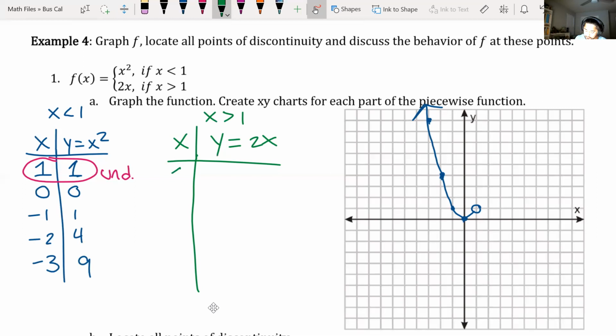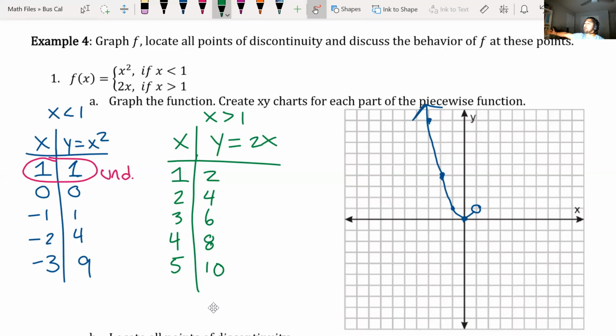So I'm going to choose 1 and just give me numbers bigger than 1 that will fit on my graph. 2, 3, 4, 5. Plug them in. 2, 4, 6, 8, 10.